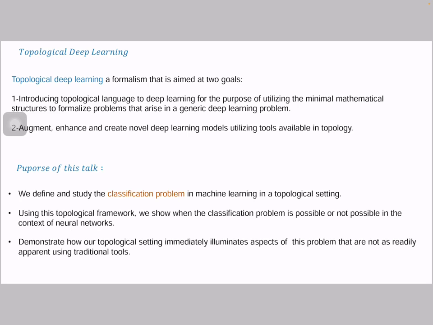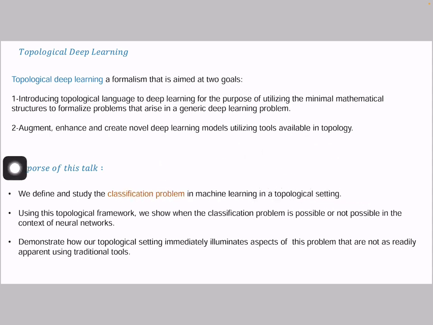Of course, this is very broad, and I'm not going to cover everything about topological deep learning today. For the purpose of this talk, I'm going to introduce things that are concerned only with the first goal. So I'm going to talk about classification problems from topological settings. I'm going to define the classification problem using just topological tools.